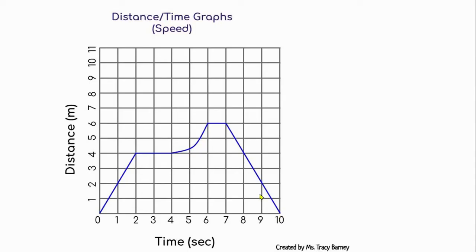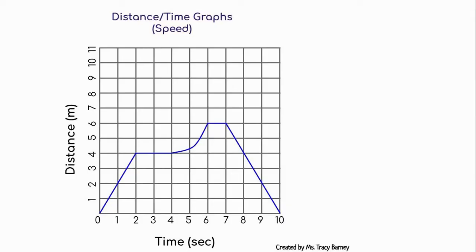It's going from 6 meters back to point of origin at a constant speed. So a sloping downward line like this means the object is returning to point of origin.